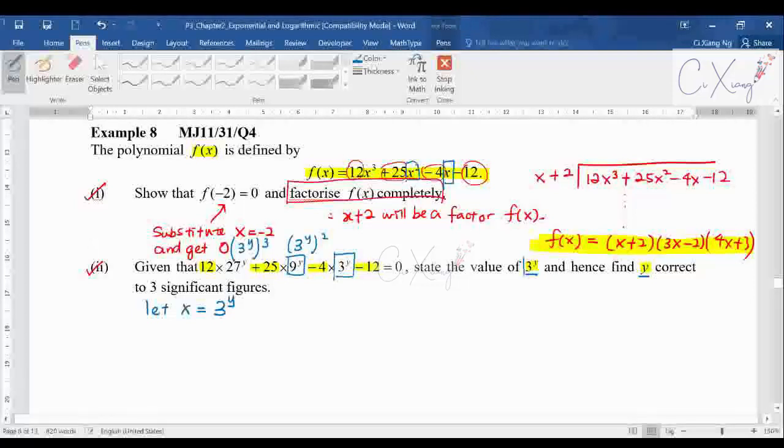What are the values of 3^y? That means 3^y is x. So what are the values for x?